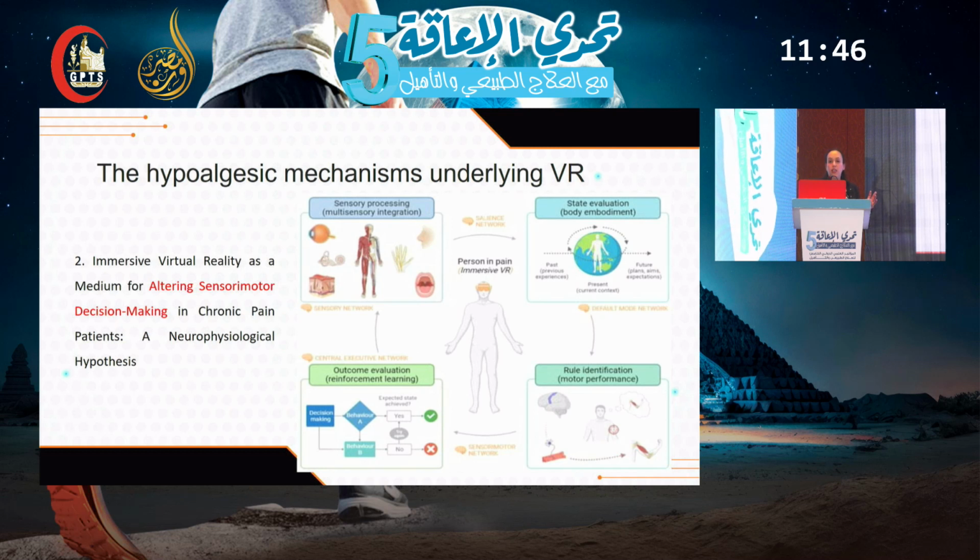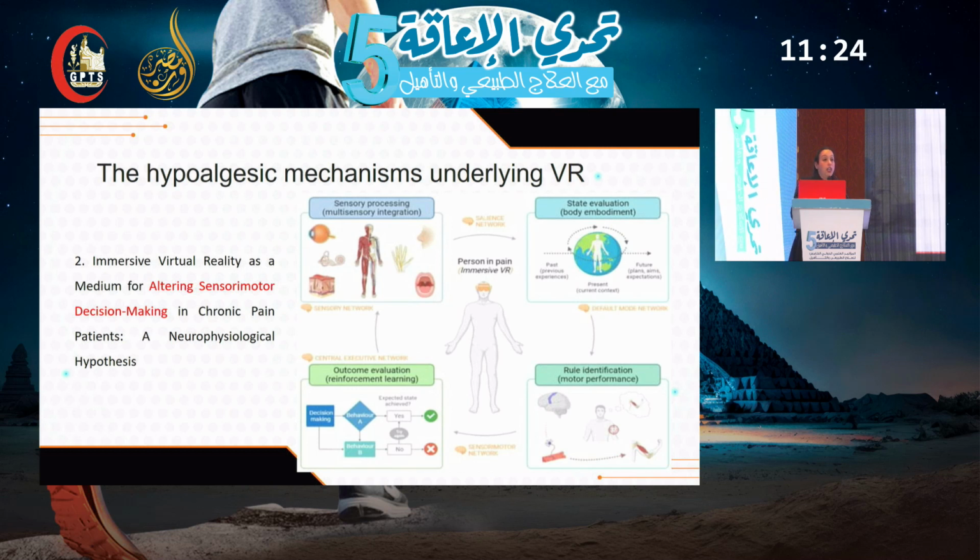How did it occur? Because the brain's thinking is changed from the previous real environment of pain, from the painful stimuli, into the new, interesting environment, which is safe, okay? This environment is safe with no threats.